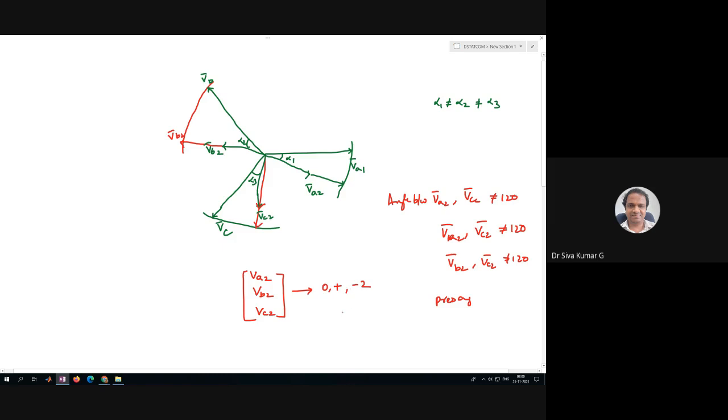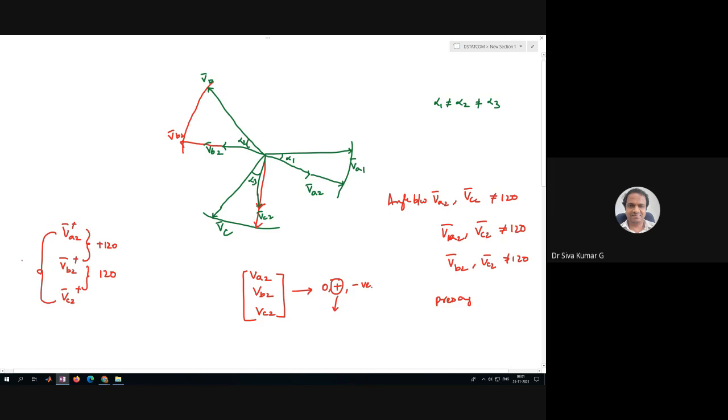Then they take only the positive sequence voltages, that is V bar of A2 positive, V bar of B2 positive and V bar of C2 positive. These are all displaced by 120 degrees from each other.